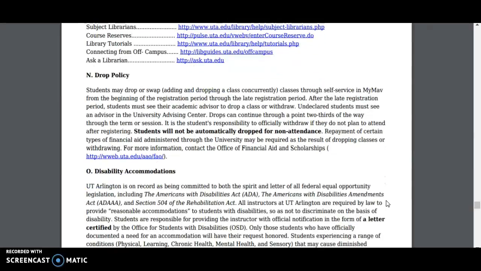Here's the drop policy. One thing I want to say about dropping is let me know if you think you're going to drop. Usually we can help you with whatever the issue is without having to drop. If you just fall off the face of the planet, so to speak, if you decide I'm just not going to go back to that class, if you just ignore it, then you're going to get an F, because you can't just ignore the assignments and ignore the class.